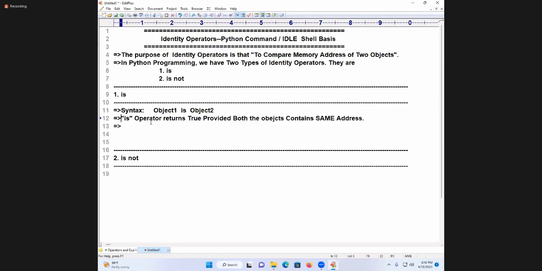The is operator returns false provided both objects contain different addresses.